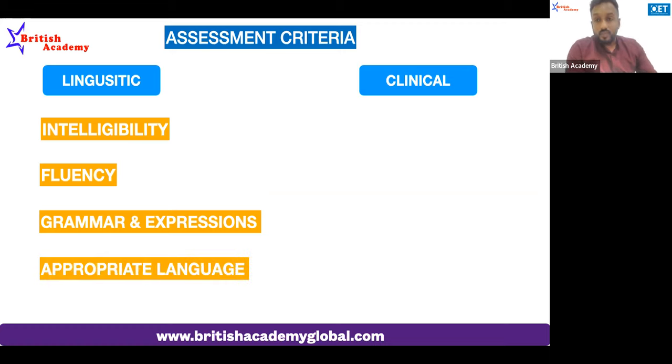Appropriate language means you need to understand this according to your real clinical scenario. When you talk to a patient, you cannot use medical jargon. You cannot use medical terminologies that they won't understand. If your role play card has terminologies which a person won't understand, and you just copy and repeat those terminologies, it's not going to be effective.